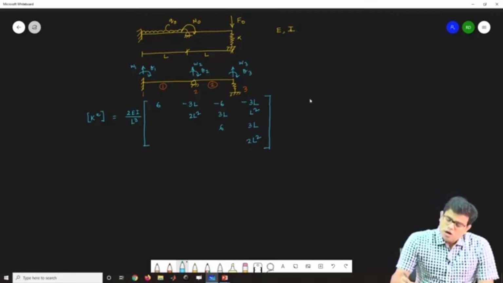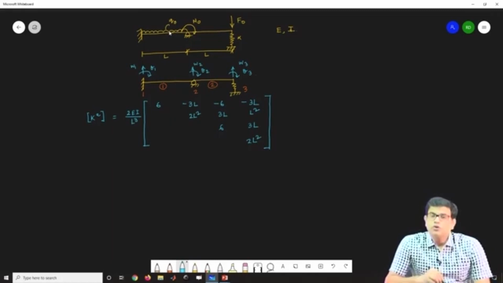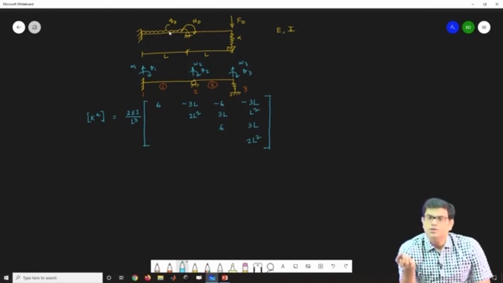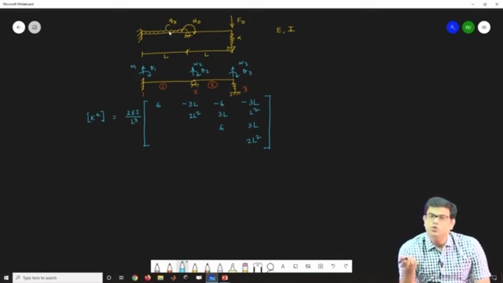Now, you also have a UDL. The distributed load is essentially a body force term in the differential equation, so we have to consider the domain integral, or the integral over the domain. Here the intensity of the UDL is Q0.